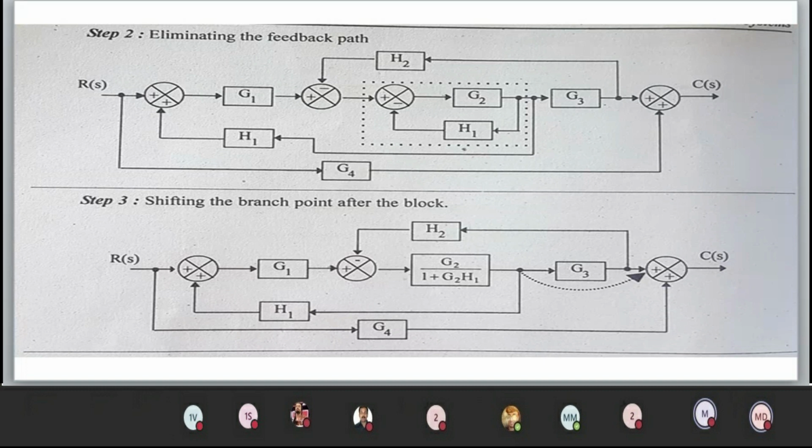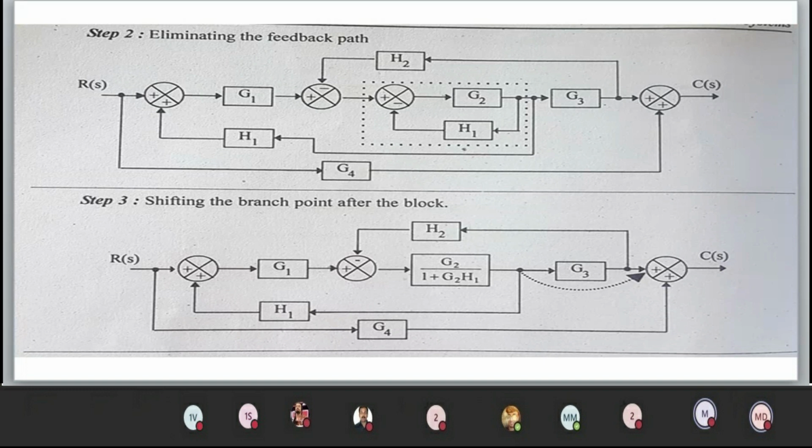So now you can notice that H1 and G2 together form a feedback. H1 goes towards a negative input, so it is a negative feedback. So G2 divided by 1 plus H1 G2.